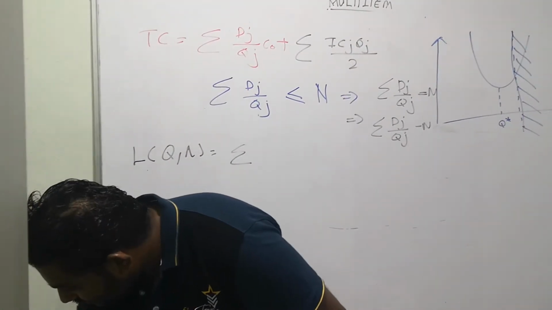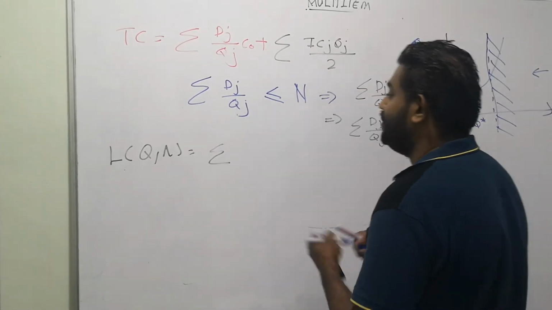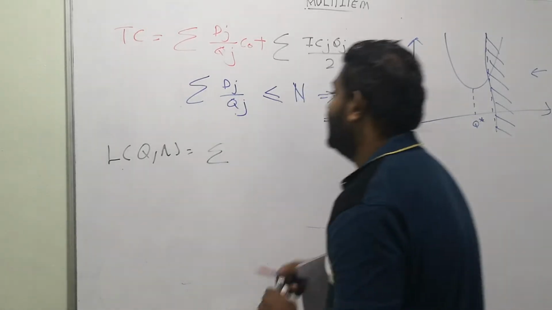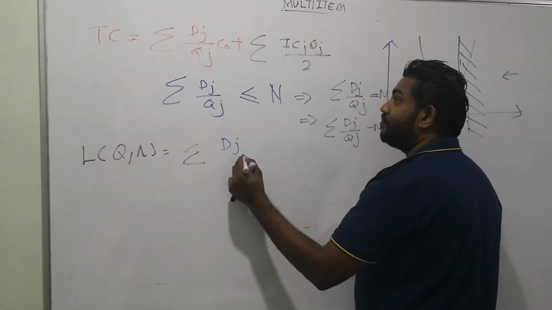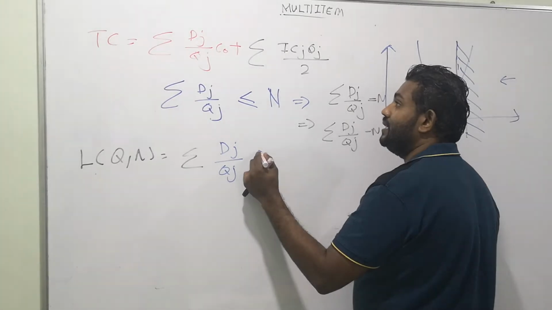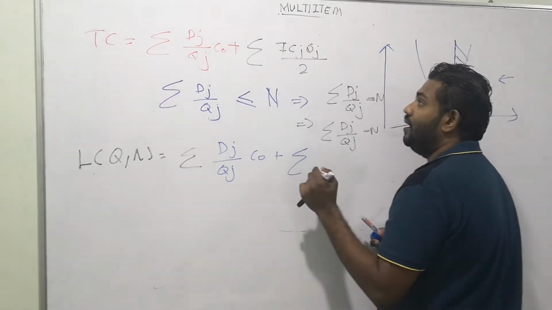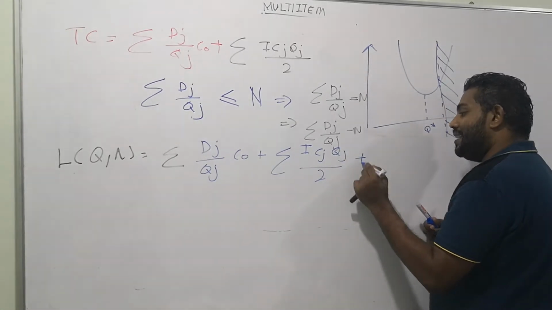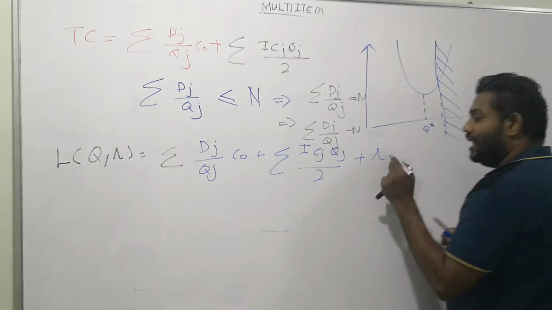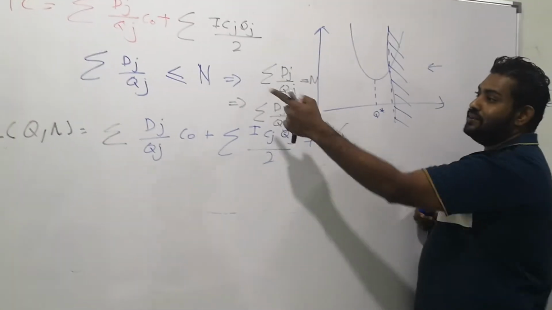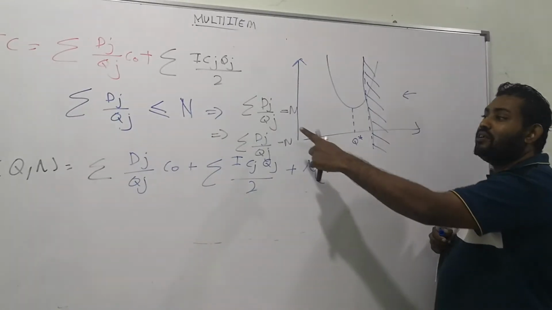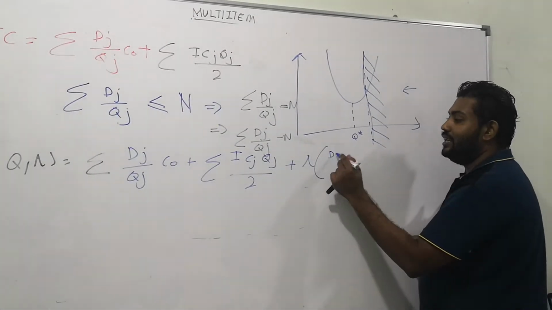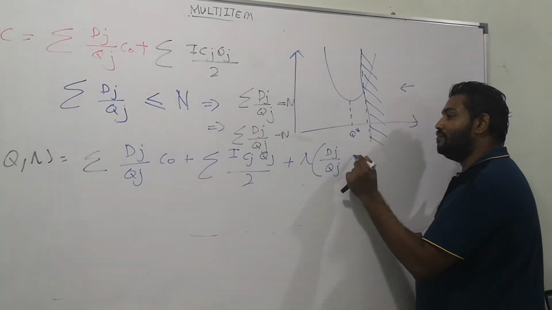The same formula, where the summation of dj over qj times c naught, plus the summation of I cj qj over 2, plus lambda. That's what we have here, lambda. We take the equation from the inequality that we converted to equality because of the feasible solutions. So here we get dj over qj minus n.